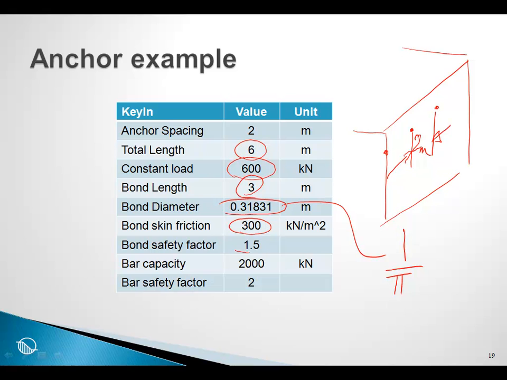We will have a factor of safety on the pullout of 1.5. The bar capacity will be 2,000 kilonewtons, and we will apply a factor of safety of 2 on the bar capacity.